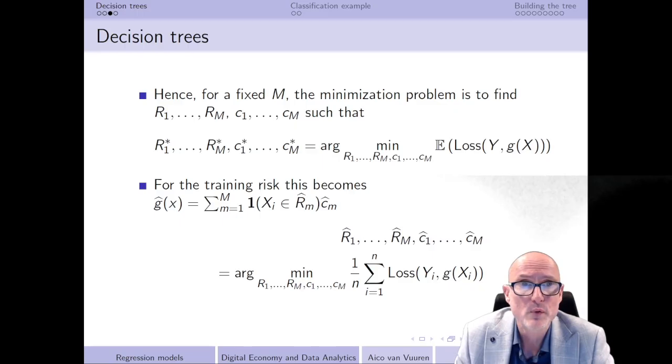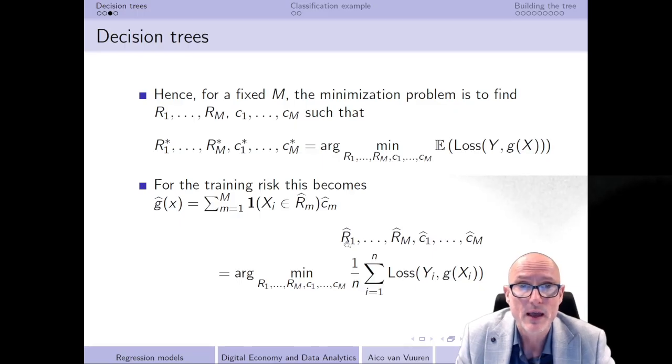So what we could do instead is to try to estimate it, and that we can do by using the training risk. Based on a training sample, this sample that we have over here, we can in fact estimate R1 to Rm and C1 to Cm. Because these are estimators, we're going to use hats over here.